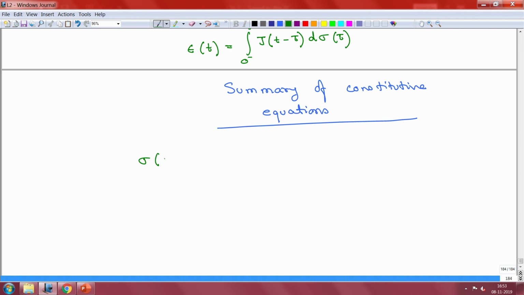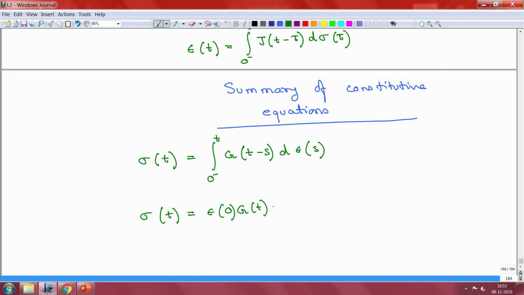So, what we saw is that this current state of stress can be written as an integral, where s is a dummy variable inside, and this should be interpreted as follows: you can rewrite this entire thing as epsilon 0 G(t) plus the integral from 0 to t, and you can just change using the chain rule, you can change this to this form.